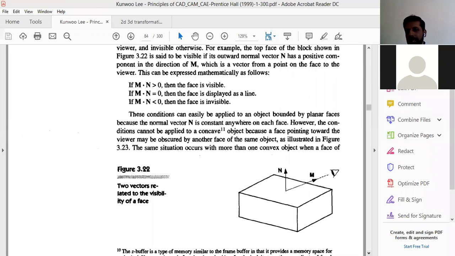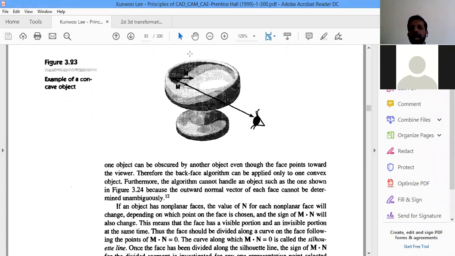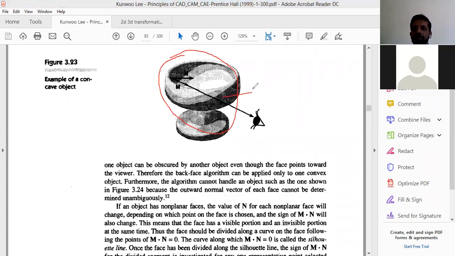The disadvantage of this backface algorithm is that if we have an object like this, we cannot say it has any flat surface at all. Every surface is either concave or convex, right? There is no flat surface for this except the ground surface, the plane, the base. Nothing else is a flat surface. This backface algorithm can detect only flat surfaces.